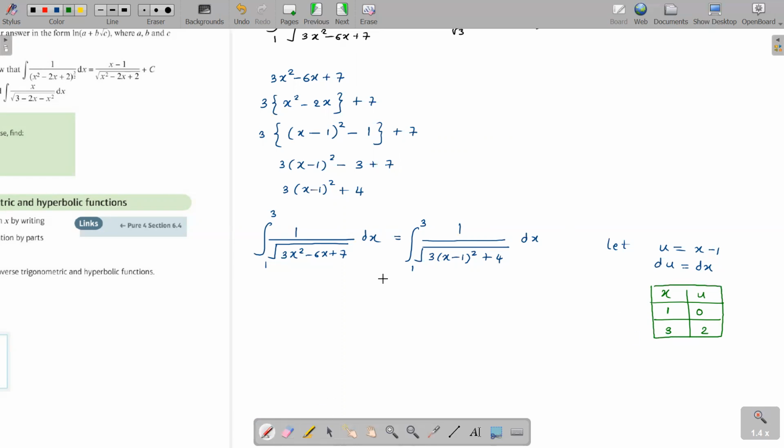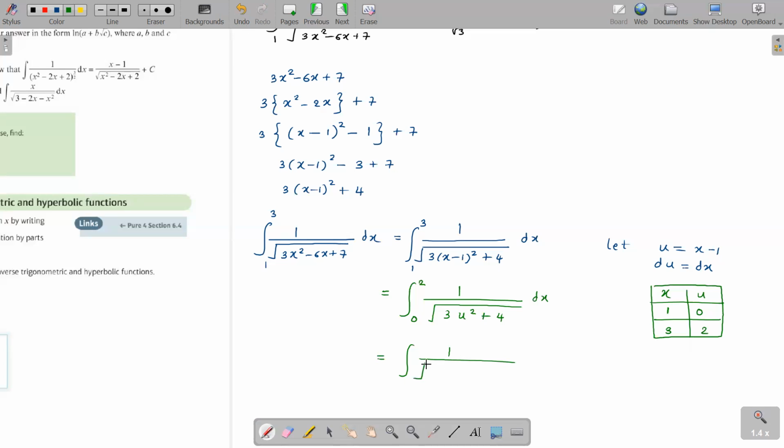Let's input them. 1 to 3, 1 becomes 0, 3 becomes 2. Are you with me? I input the new limits. So root of 3 times (u squared plus 4). Now take 3 out. Shall I directly take root 3 out? Can you all manage that?